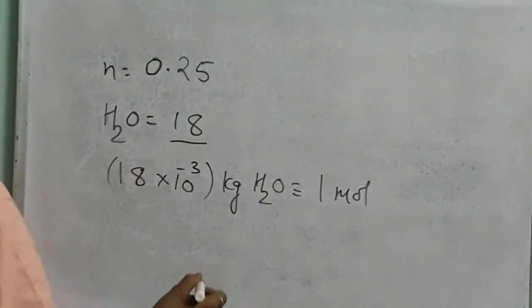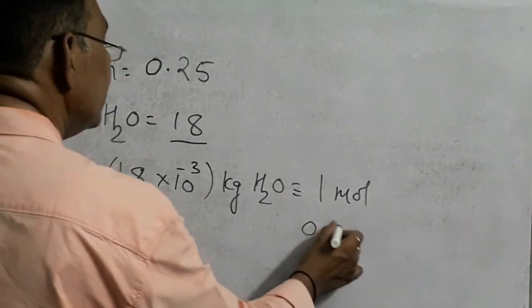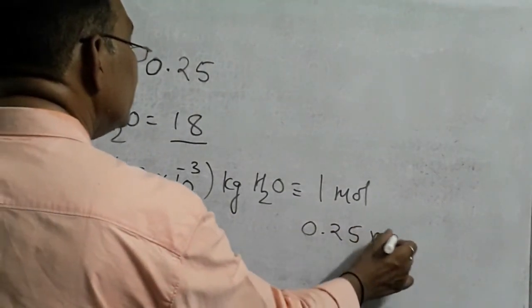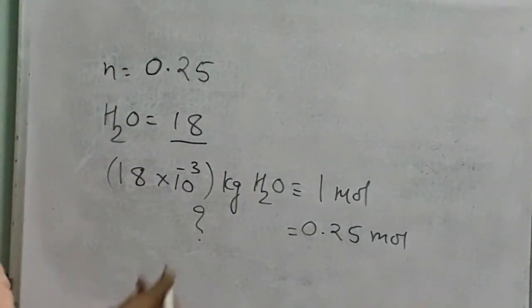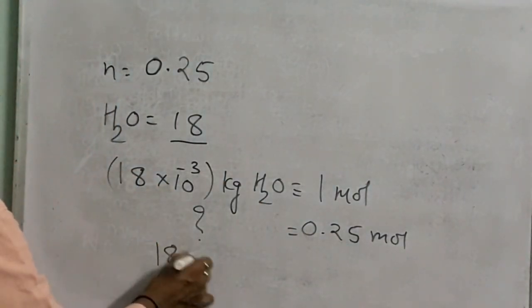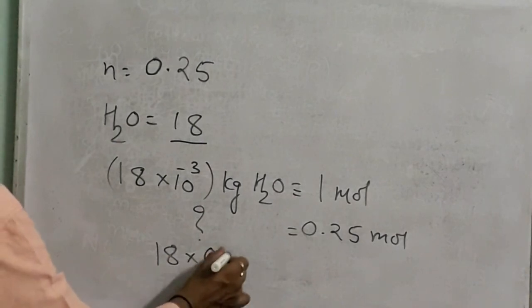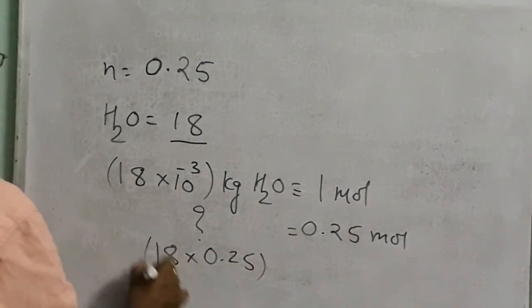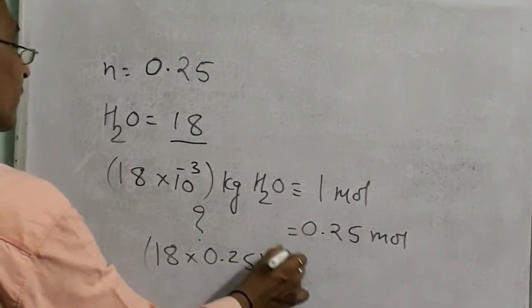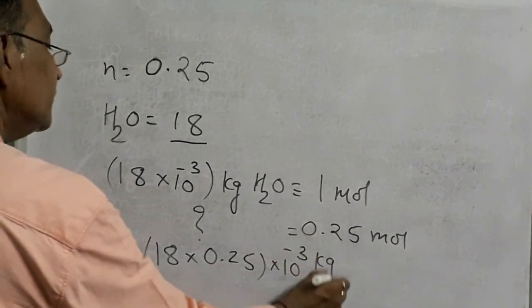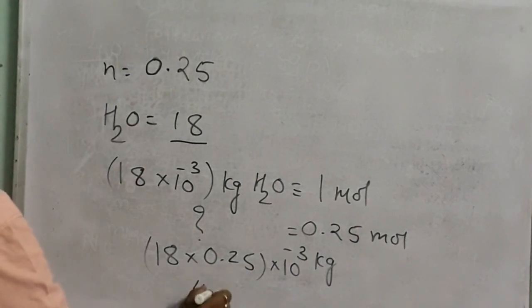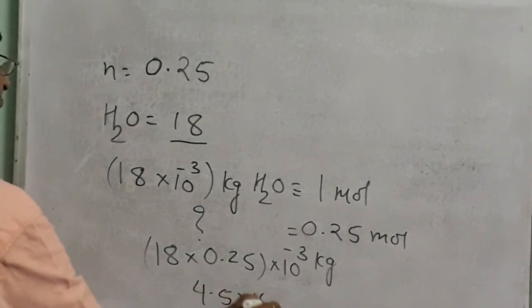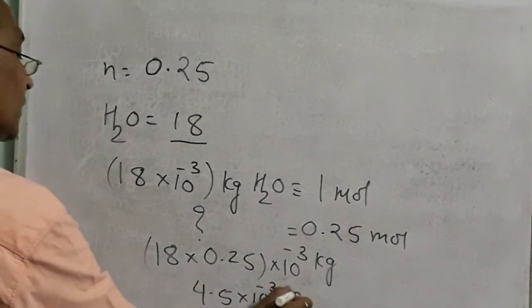Therefore if it is 0.25 mole, how many kilograms of water will it correspond to? Just cross multiplication: 18 multiplied by 0.25, times 10 to the power minus 3 kilogram, and if you solve this, it is 4.5 into 10 to the power minus 3 kilogram.